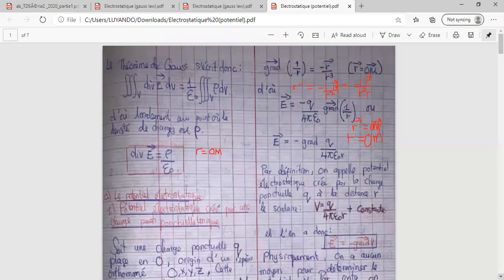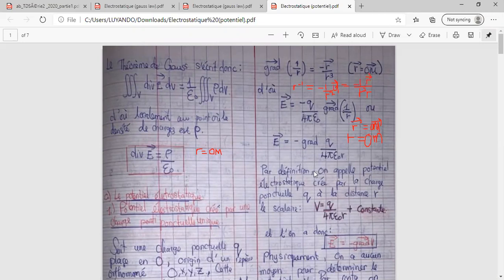Then after we establish that E is equal to negative grad of Q over 4 pi epsilon 0 r, because this r has multiplied with this, we're going to have negative grad times Q over 4 pi epsilon 0 times the r, which is what we have here.